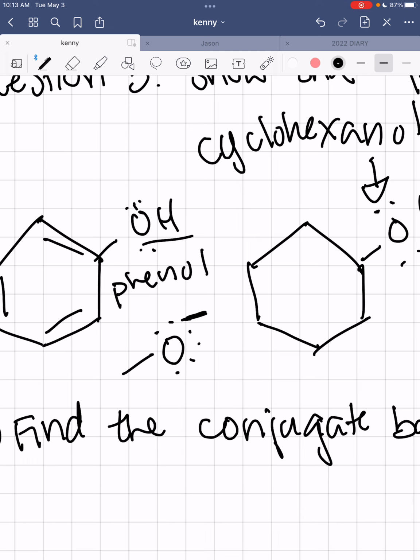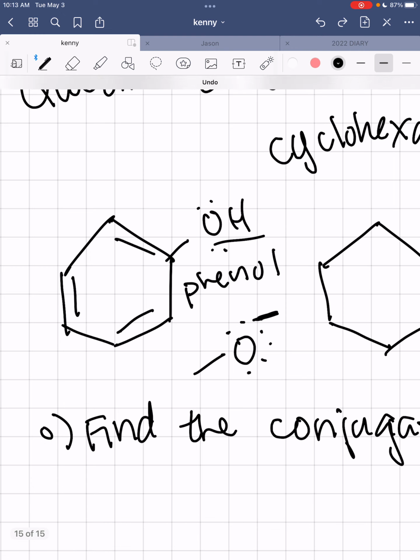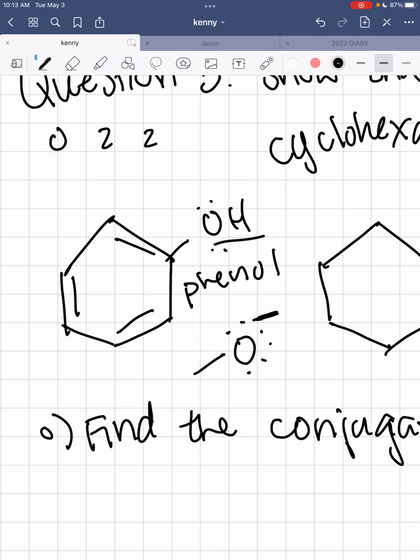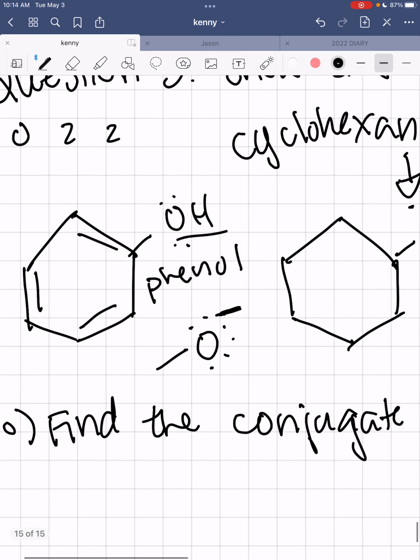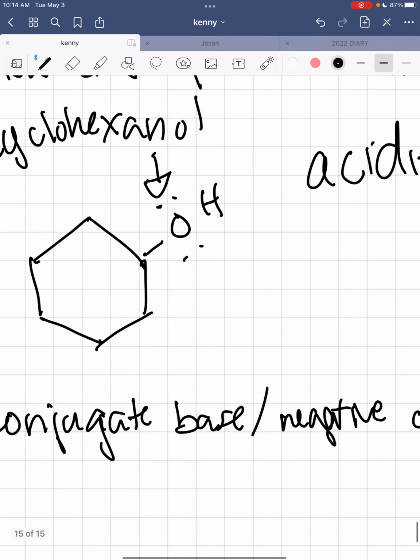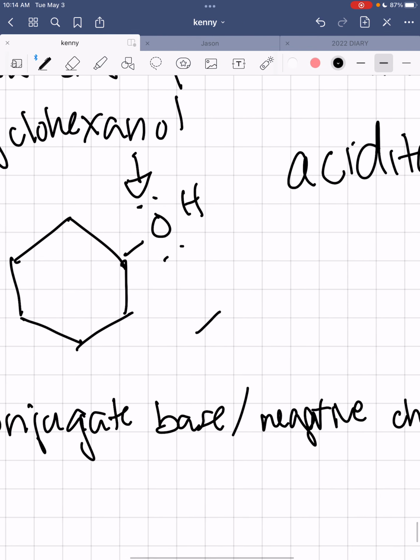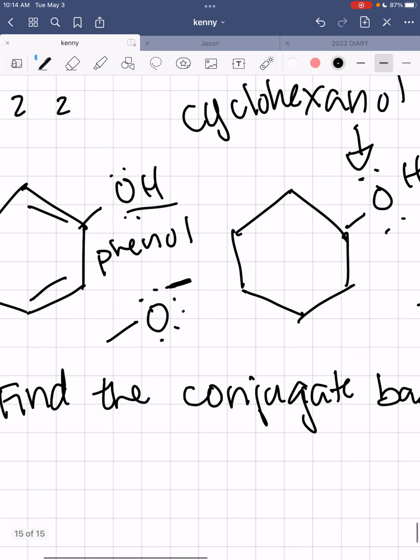The reason you know there are 2 lone pairs is the octet rule: oxygen needs 2 bonds and 2 lone pairs to fulfill the octet. So you just remove the hydrogen and you get a negative charge too. It'll be the same thing over here. This is where the negative charge and the conjugate base would be.